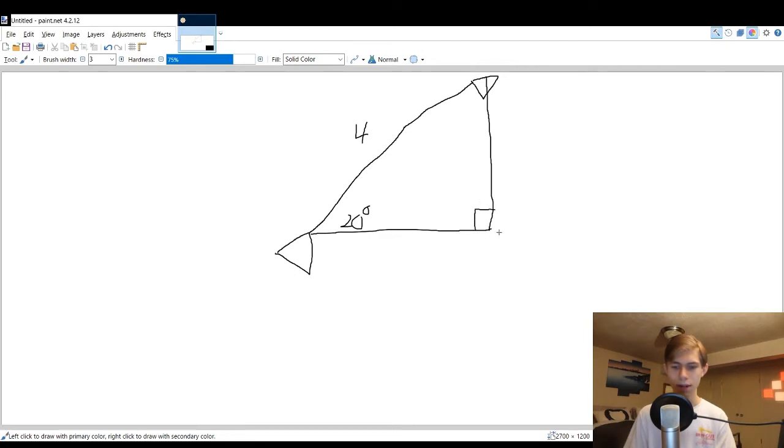So this square right here just shows that this is a 90-degree angle. And what we can now do is use trigonometry to find the other sides that we need the ship to travel. So we'll find how far it needs to go in the X axis and how far it needs to go on the Y axis.